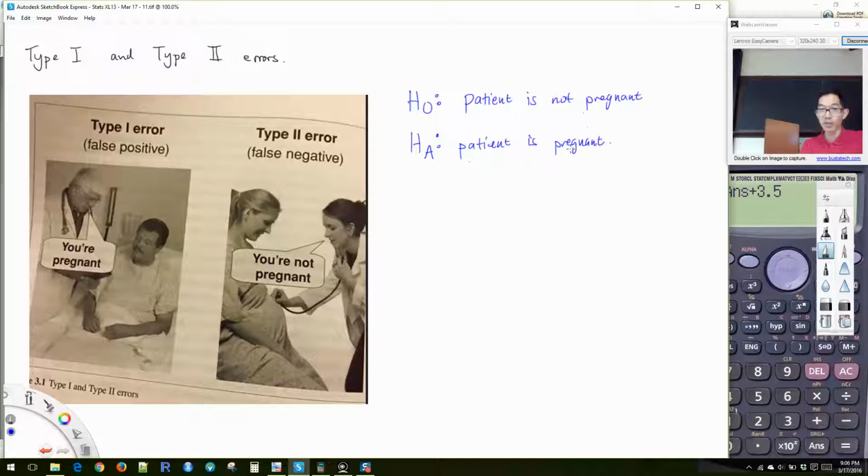So if these are the null and alternative hypotheses, then a type 1 error indeed is telling a non-pregnant patient you're pregnant, and telling a pregnant patient you're not pregnant would be a type 2 error. Okay, so anyway, be able to identify type 1 and type 2 errors.